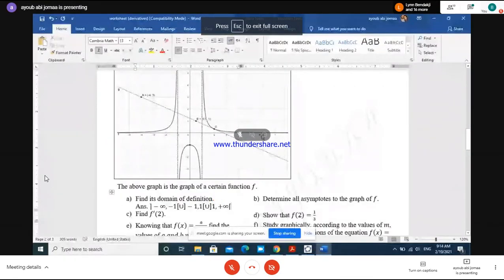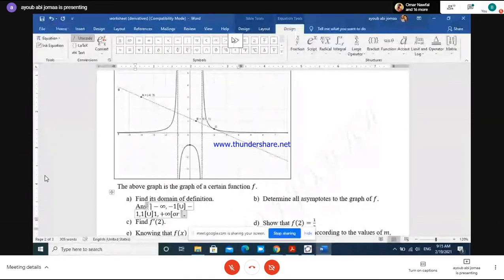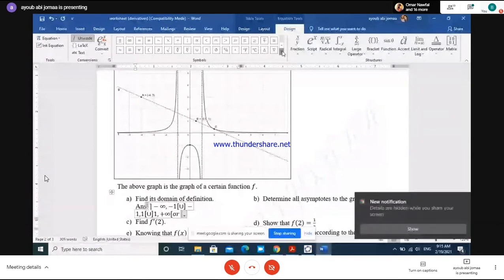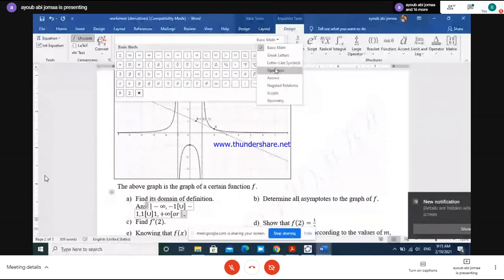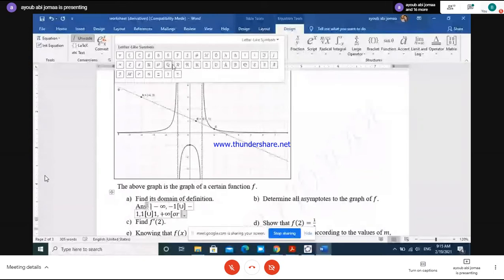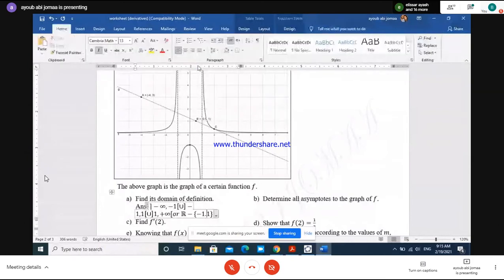Or you can say it is all real numbers except -1 and 1. You can write it as R minus {-1, 1}.